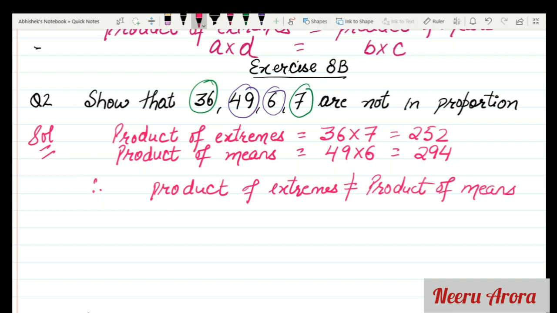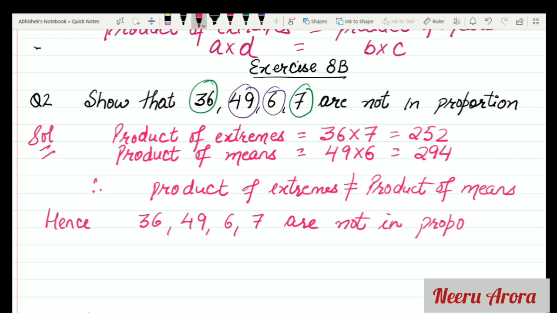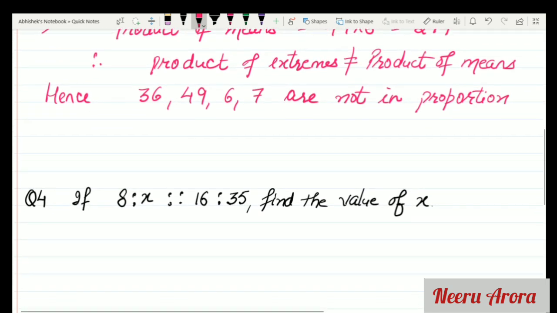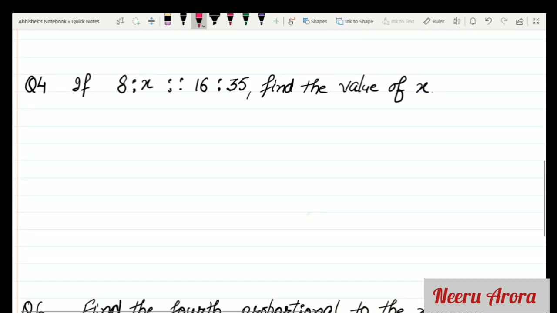Hence, it is proved that 36, 49, 6 and 7 are not in proportion. It is in proportion only if the product of extremes is equal to the product of means.